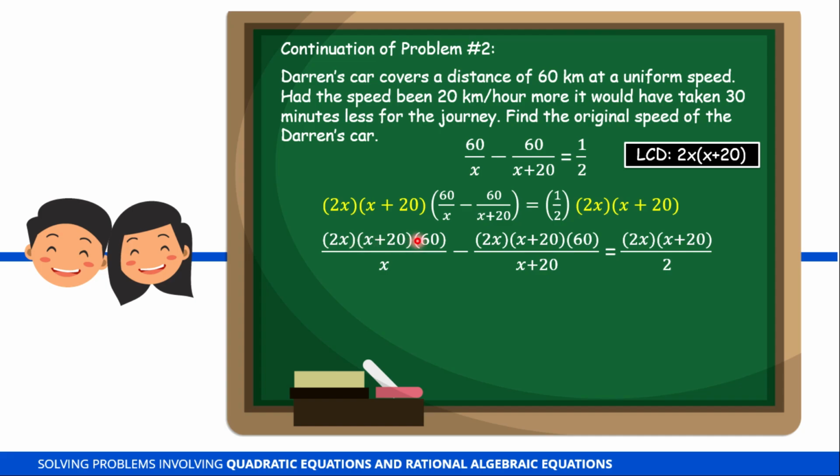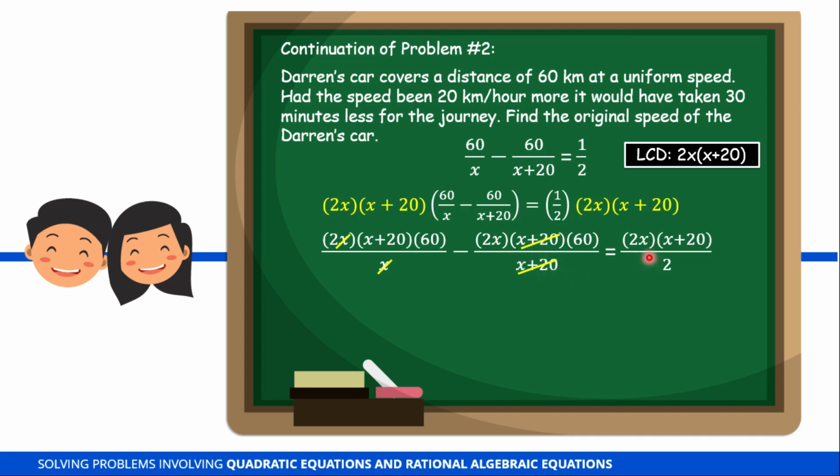Ngayon, hindi muna natin isi-simplify yung mga nasa numerator para makita natin ano yung e-eliminate natin. So, para dito sa unang term, ma-eliminate natin yung x dito sa ating monomial na 2x. Sa ating numerator, eliminated yung x sa numerator and denominator. And dito naman sa pangalawang term, ma-eliminate natin yung binomial na x plus 20 sa numerator and denominator.